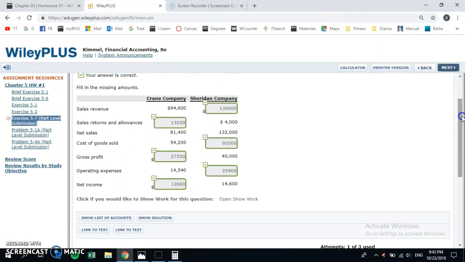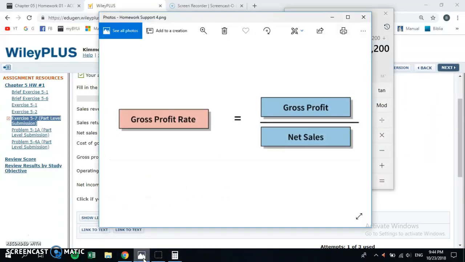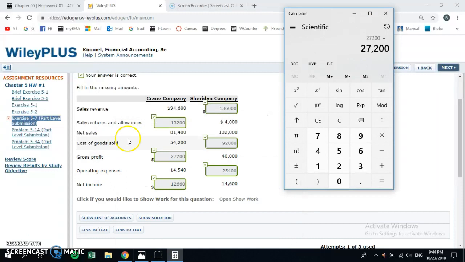We go up here and calculate it for the first company. Gross profit of the first company is 27,200 divided by net sales, 81,400. As you can see, it's quite a large number.